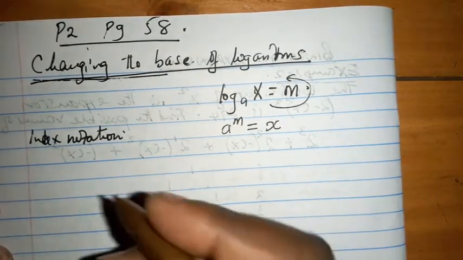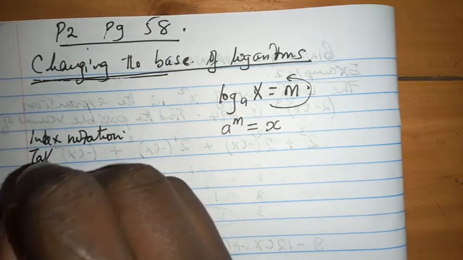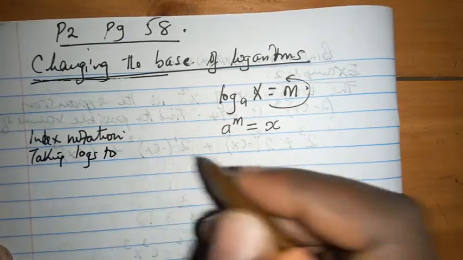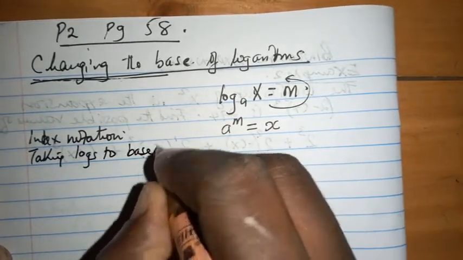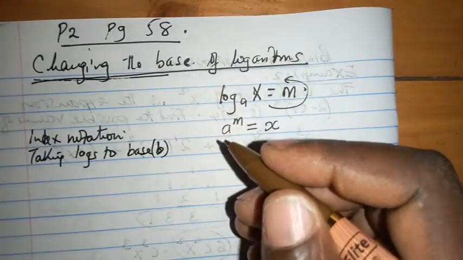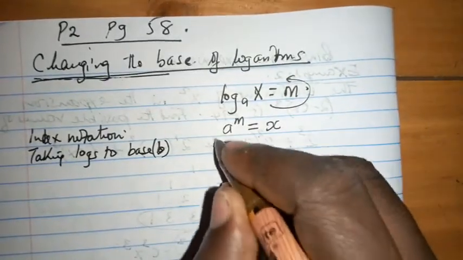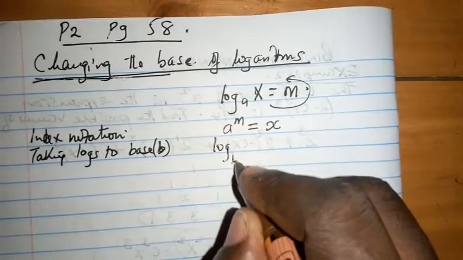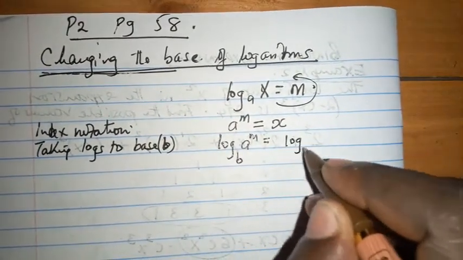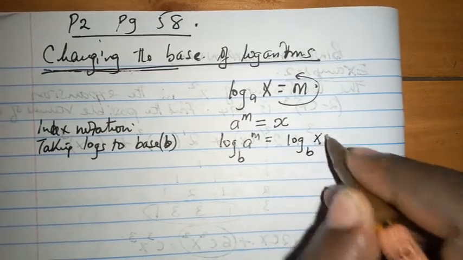Taking logs to a different base, let's say a different base b, we are going to have logarithm to base b of a raised to power m is equal to logarithm to base b of x.